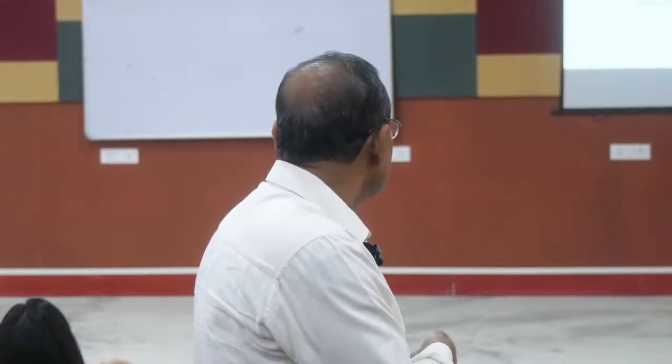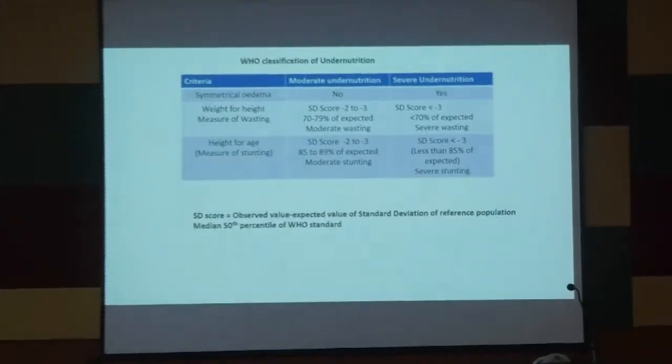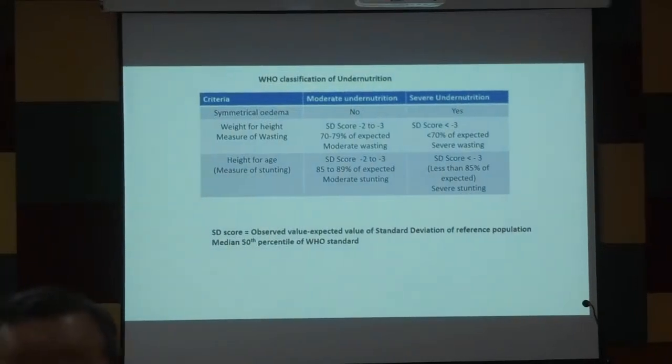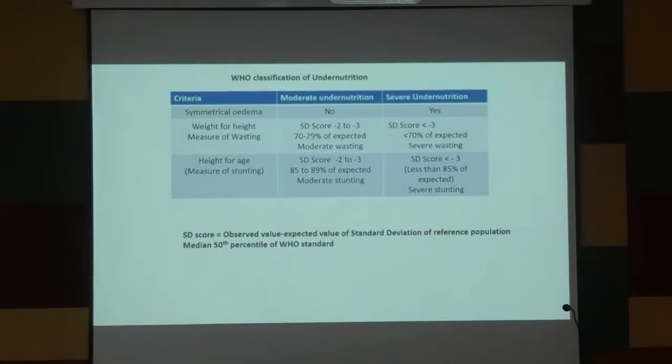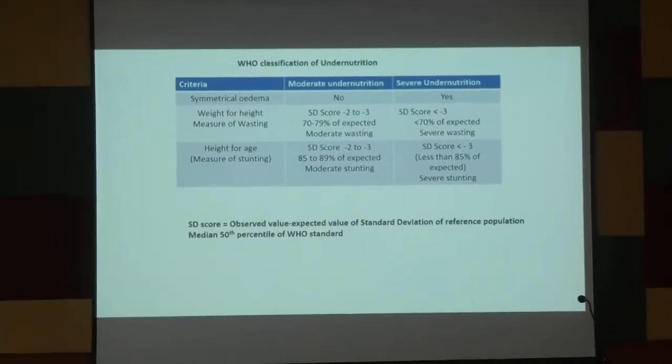Now, weight for height. Look at the data. Weight for height standard deviation score of -2 to -3 indicates moderate undernutrition.